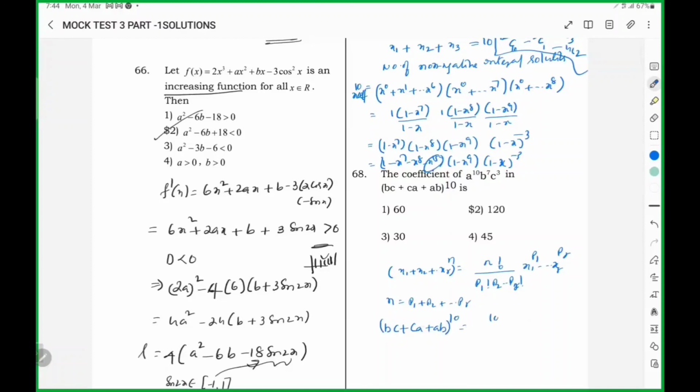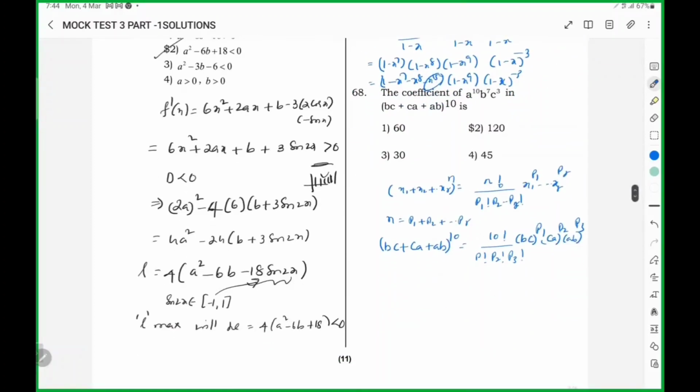I can write it as 10 factorial by p1 factorial, p2 factorial, p3 factorial, bc power p1, ca power p2, ab power p3. After simplification, we get b power p1 plus p3, c power p1 plus p2, a power p2 plus p3. So this must be a power 10, b power 7, c power 3.